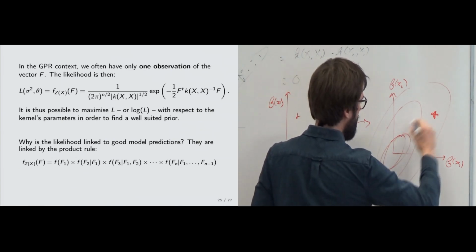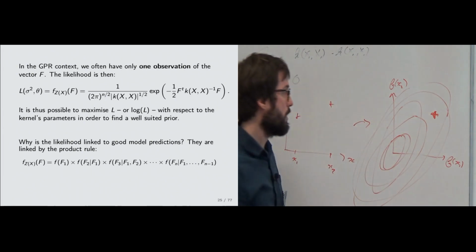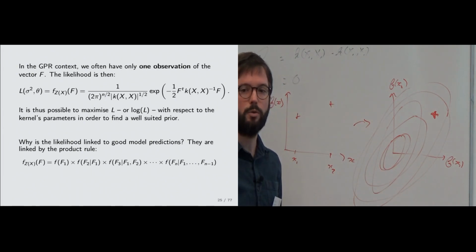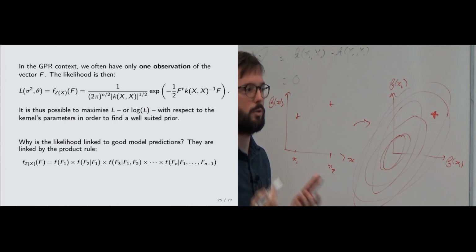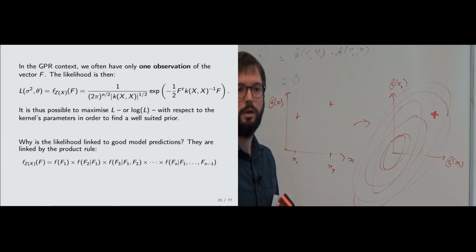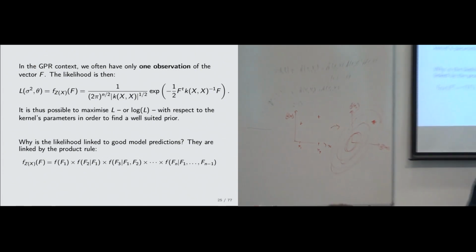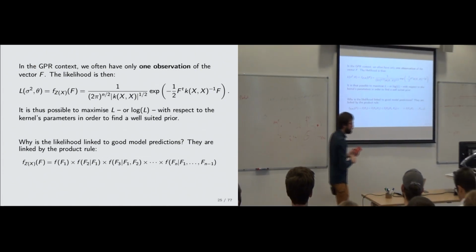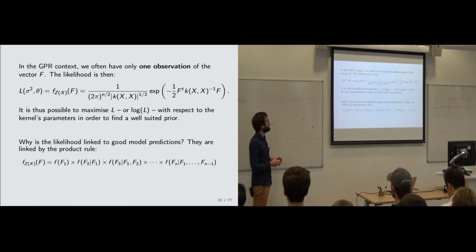Maybe I can find parameters that give me the best values to explain this particular data set, right? That's what we do when we do maximum likelihood estimation for Gaussian processes. So this was just a drawing by hand to understand what's happening.